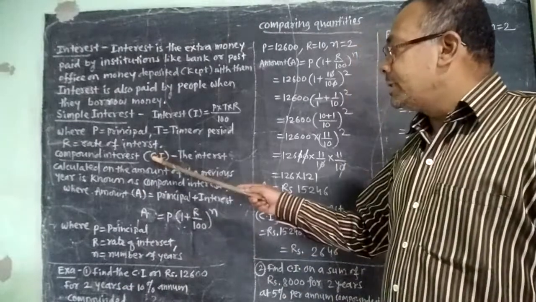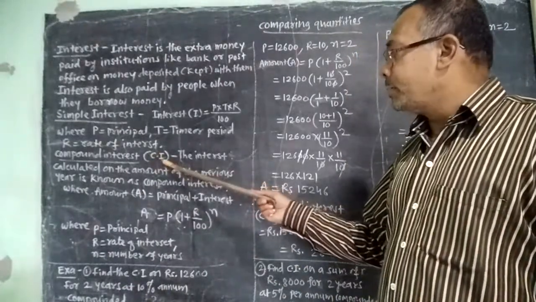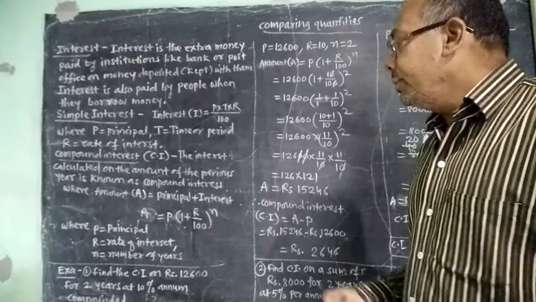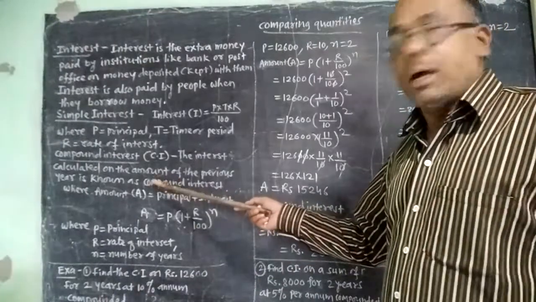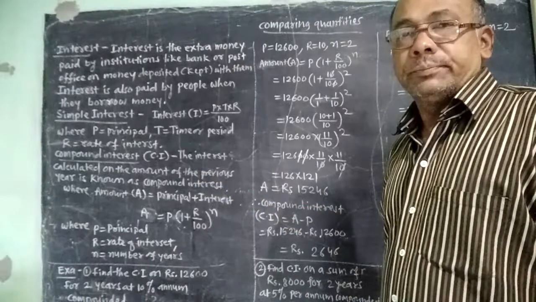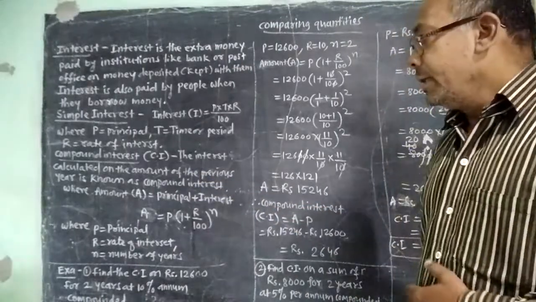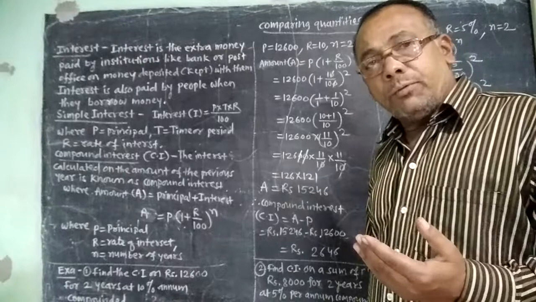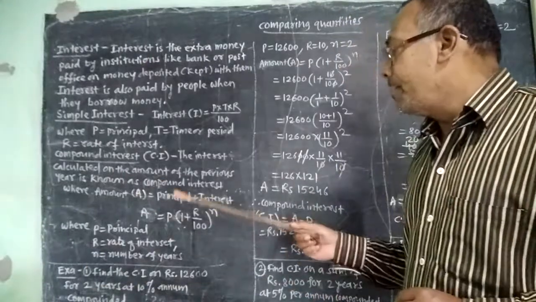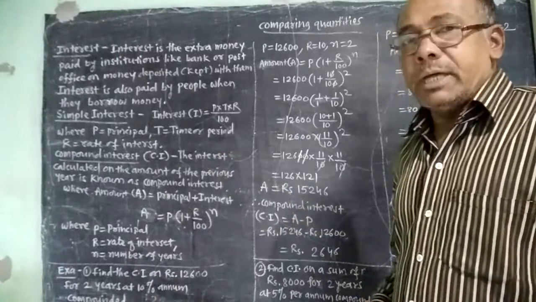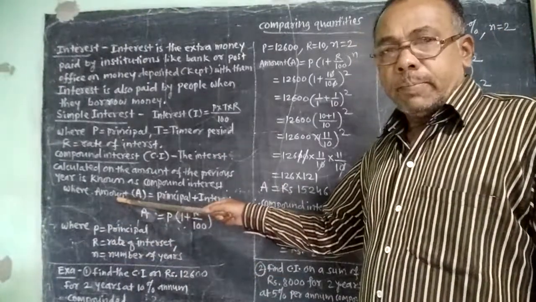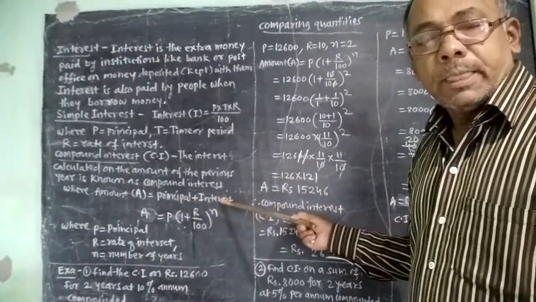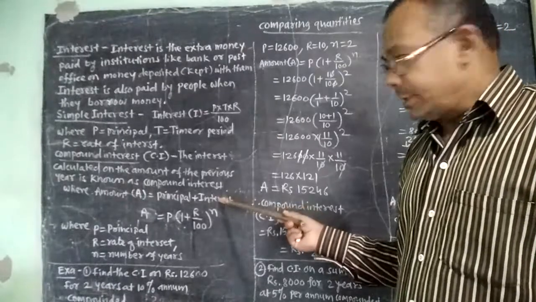Here, compound interest, CI, C stands for compound, I stands for interest. The interest calculated on the amount of the previous year is known as compound interest, where amount is equal to principal plus interest.